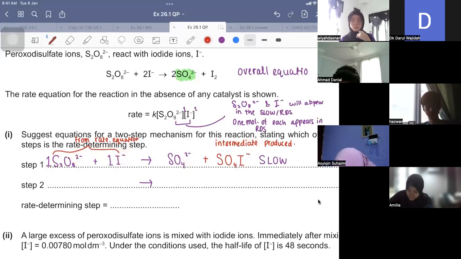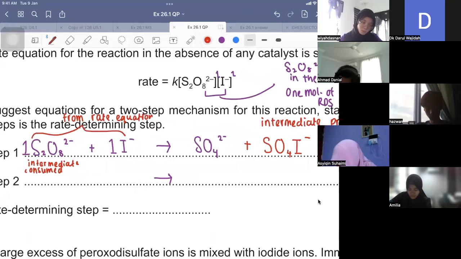As with any intermediate, if it's produced, it has to be immediately consumed. It needs to be really small. So the intermediate consumed is SO4I-.